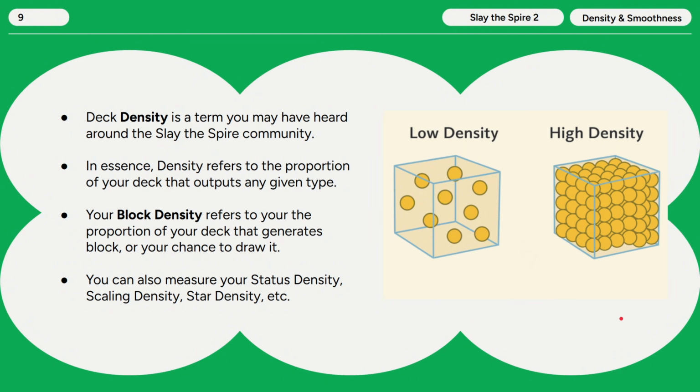Or maybe you got like a True Grit and a Shrug It Off and a Feel No Pain and an Impervious as a rare roll, and the new Expect to Fight at uncommon as well, and so you ended up drafting a lot of block cards, and so your block density is quite high. In those 25 cards, maybe 12 or 15 of them are block cards.